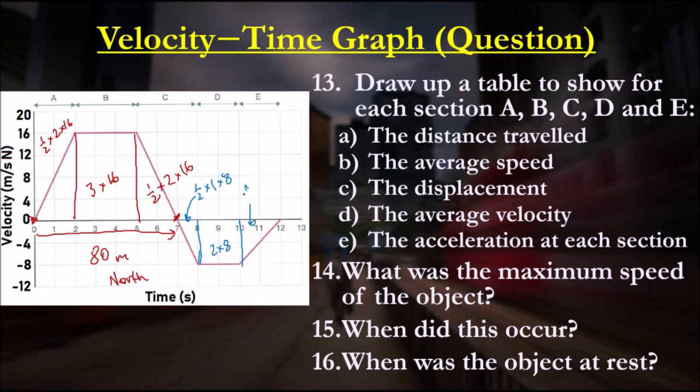And over here is half times 2 times 8. So the net displacement that we have here is 28 meters to the south because it's now in the opposite direction. So our net displacement, or total displacement, is actually 52 meters north.